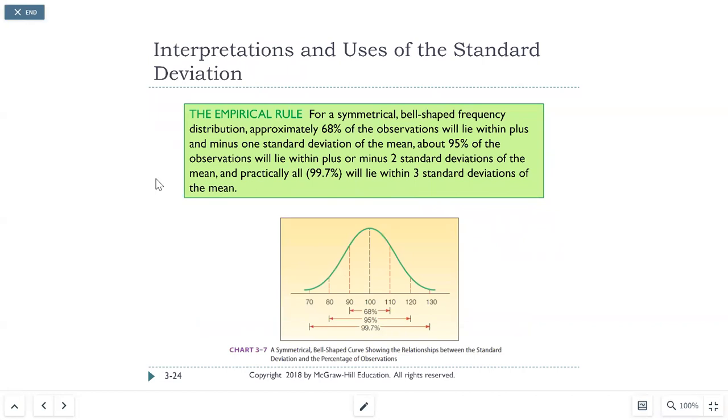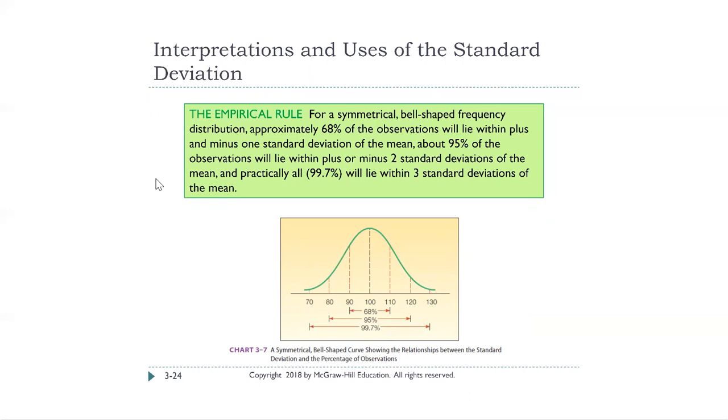Now, the empirical rule is a little bit more particular. Chebyshev was saying for any distribution, any crazy, funky looking thing, you can do whatever you want to it, at least that percent will be within k standard deviations.